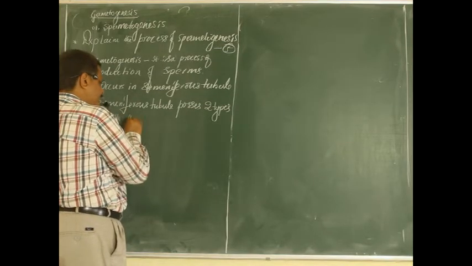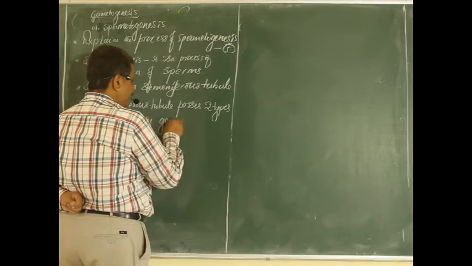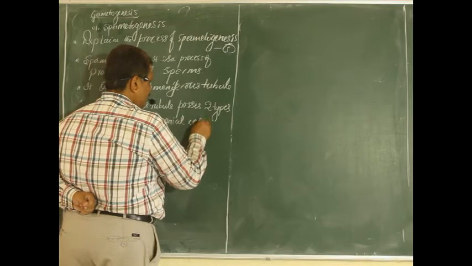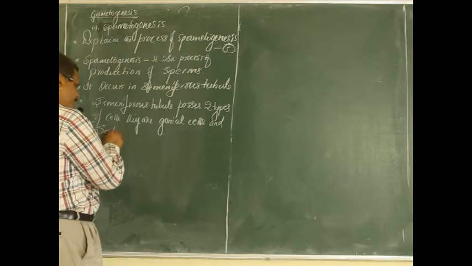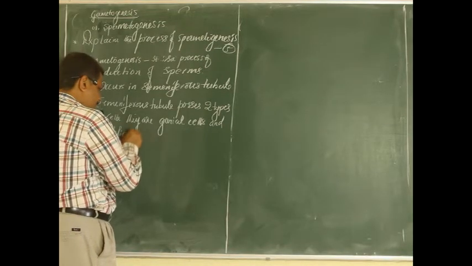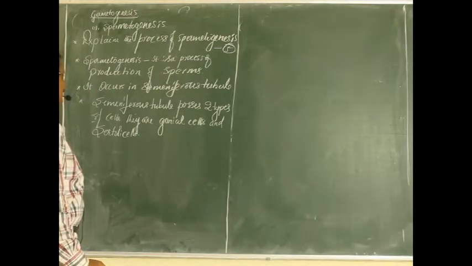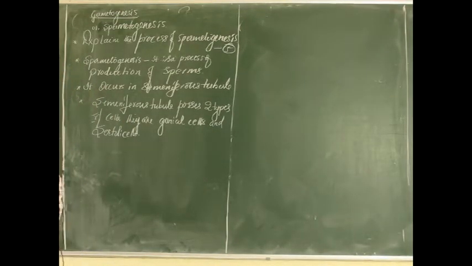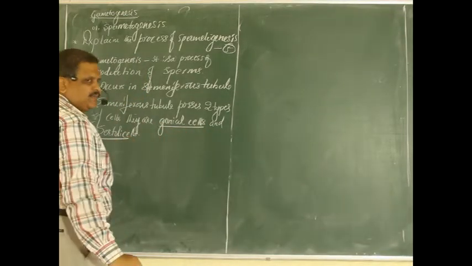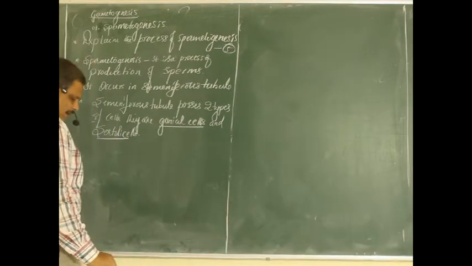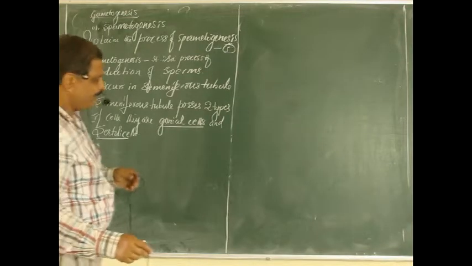They are gonial cells and Sertoli cells. Now, you know the importance of Sertoli cells. They are responsible for nourishment. Now, let us concentrate on the development of these gonial cells.